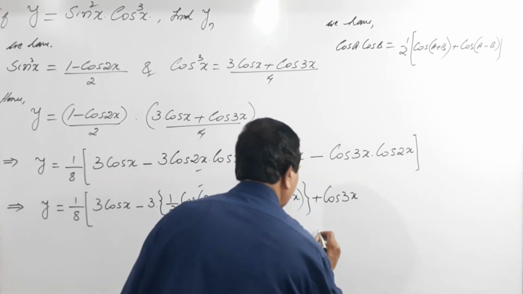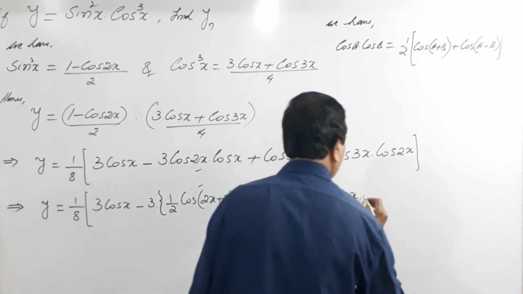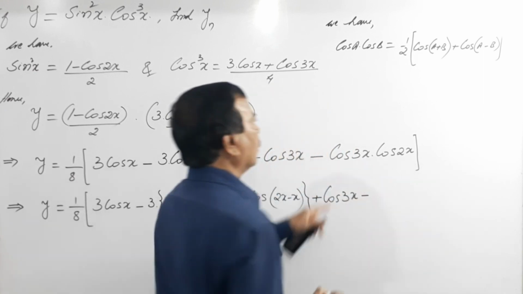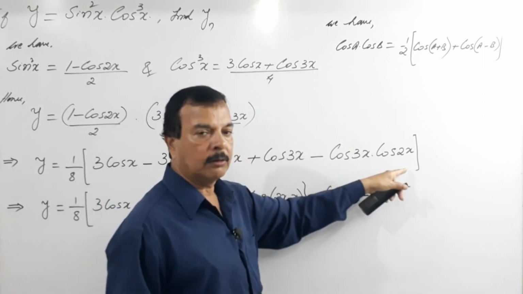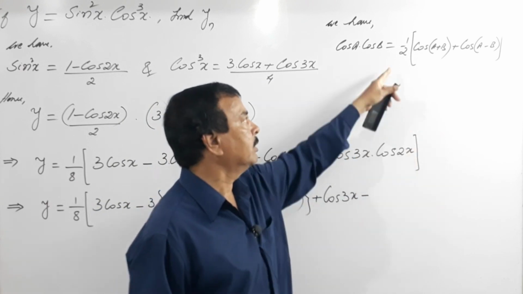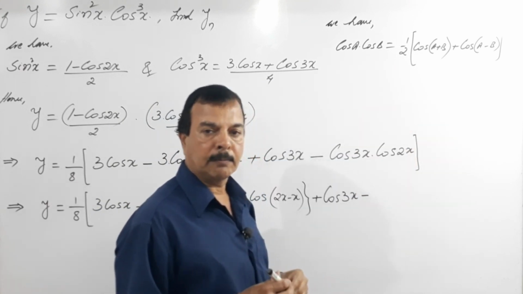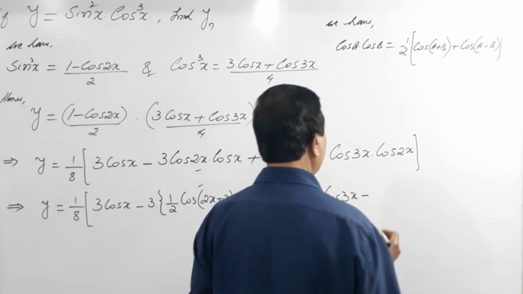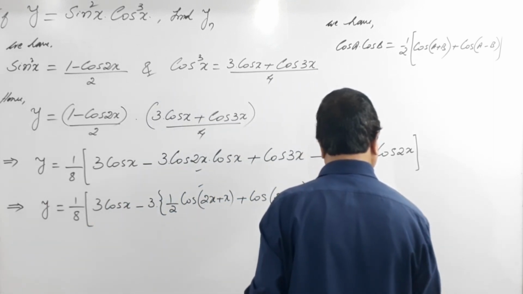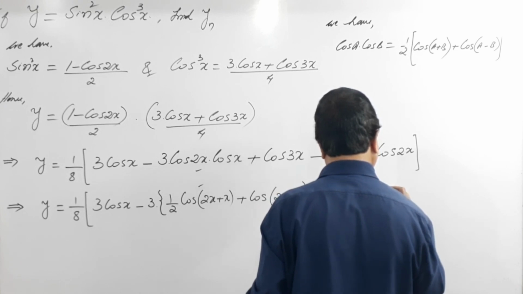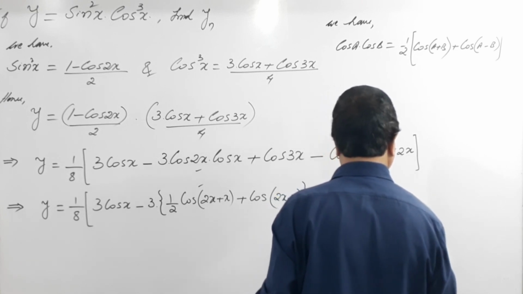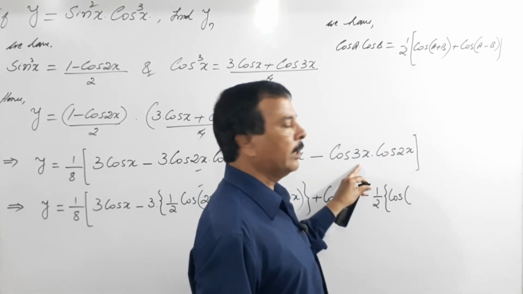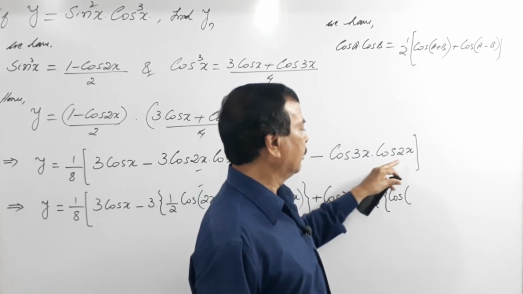I'll write here minus. So again I'll use here cos A into cos B, which is half into cos of A plus B plus cos of A minus B. So we'll use that here. So what happens here? I'll use half cos of A plus B. Here A is 3x, B is 2x.